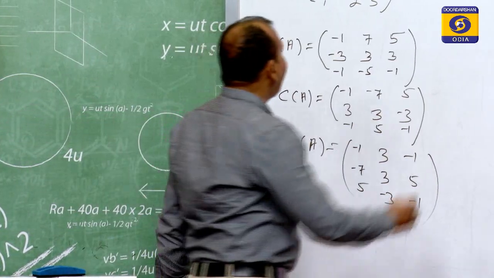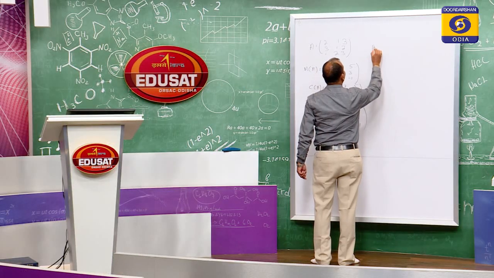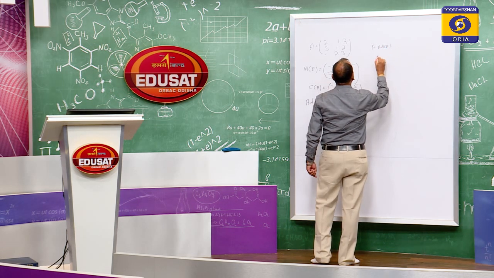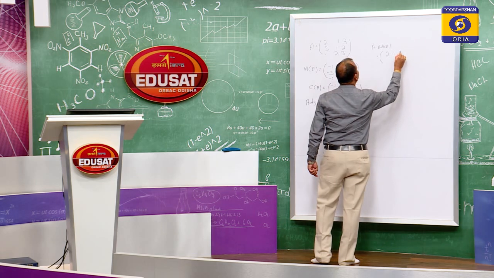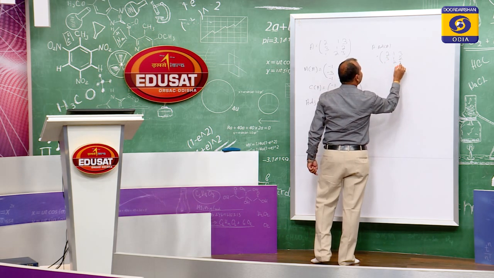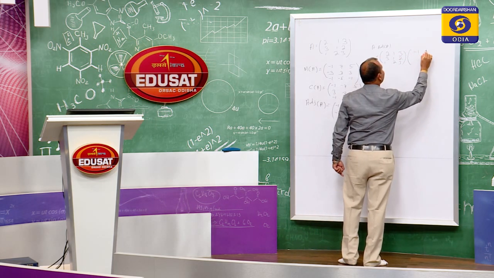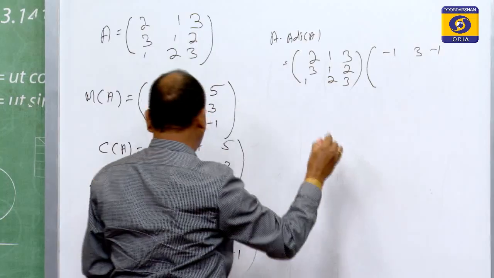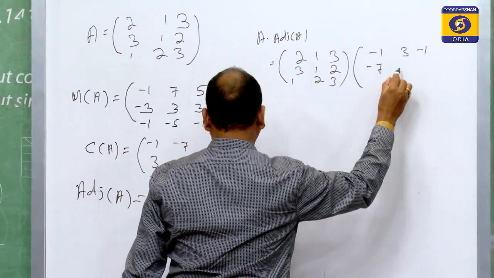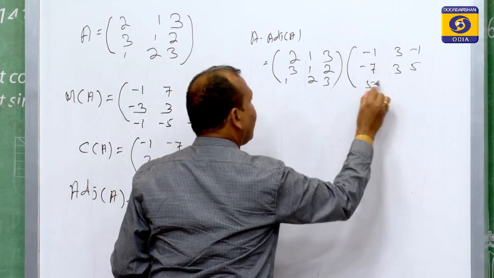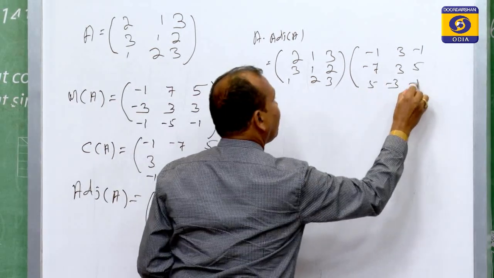So, now A into adjoint A becomes 2, 1, 3, 3, 1, 2, 1, 2, 3. Then multiply by minus 1, 3, minus 1, minus 7, 3, 5, 5, minus 3, minus 1.